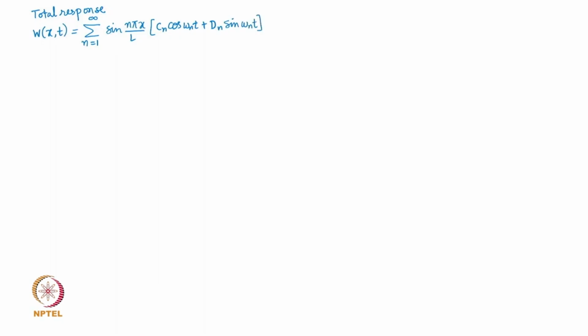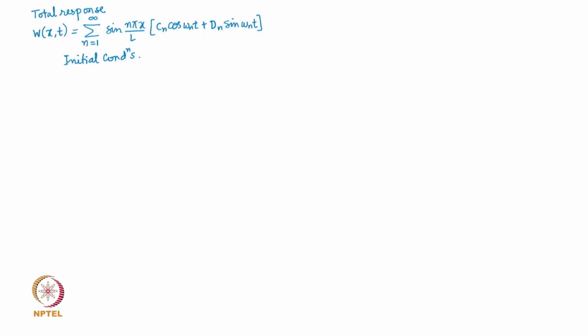Okay, now how do we find Cn and Dn? We obtain them from initial conditions, isn't it? Now this is quite similar to obtaining A and B from initial conditions of x and x dot.